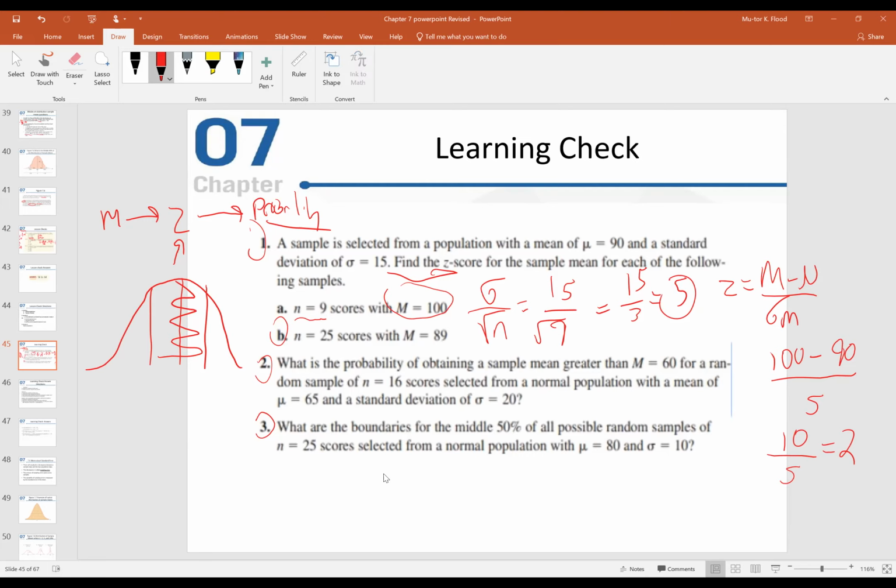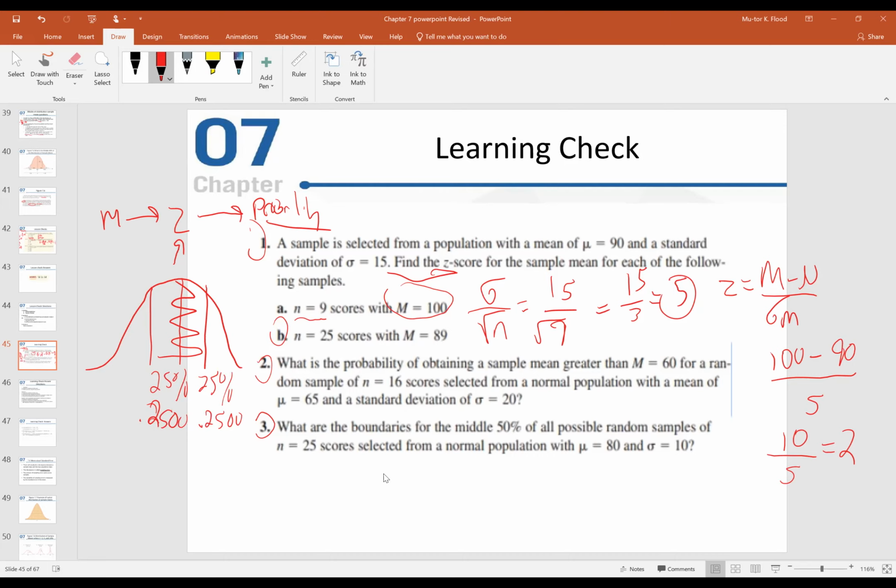All right. So we know that the middle 50% is going to be broken up into 25% on the left side and 25% on the right side, which is 0.2500 and 0.2500.